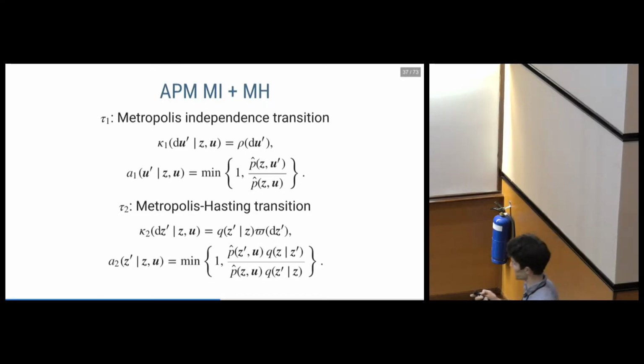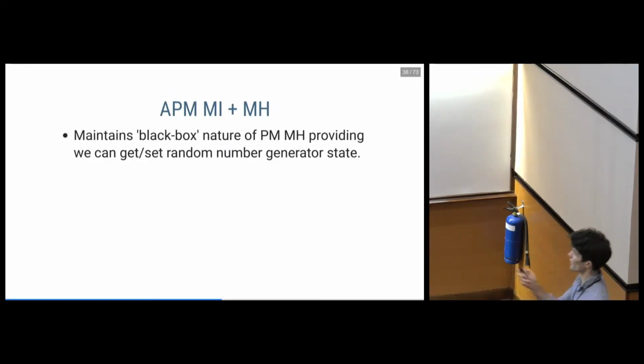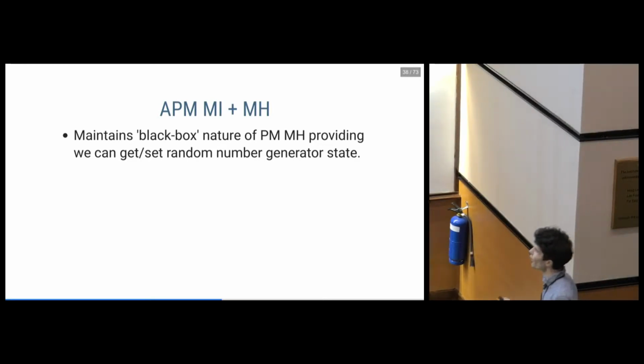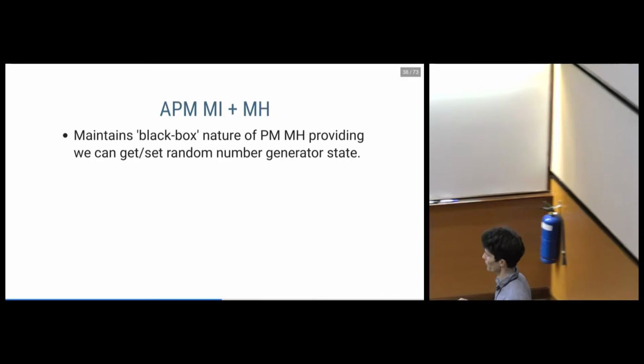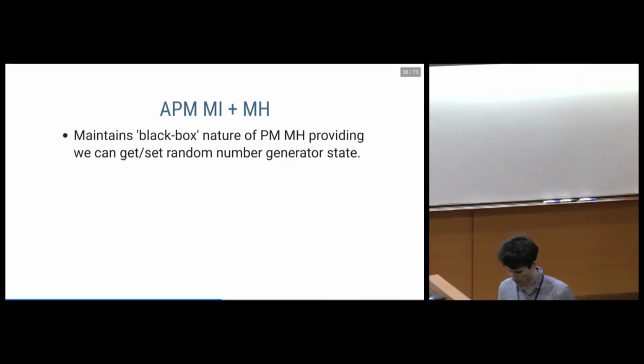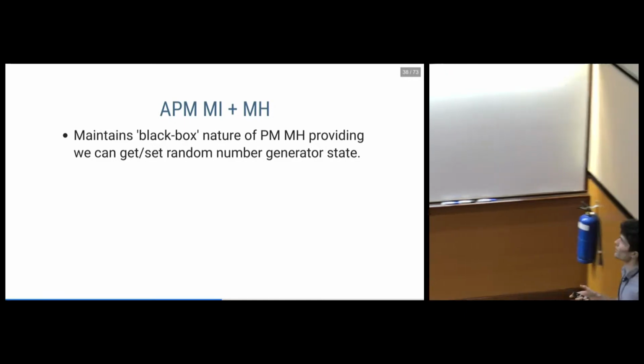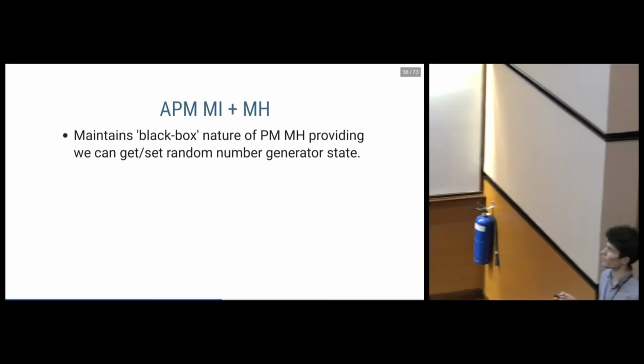So just to summarize, the nice thing about this is that, modulo a little bit of extra work in needing to be able to somehow manipulate the state of the random number generator which goes into the density estimator.